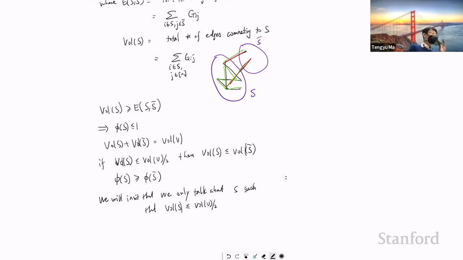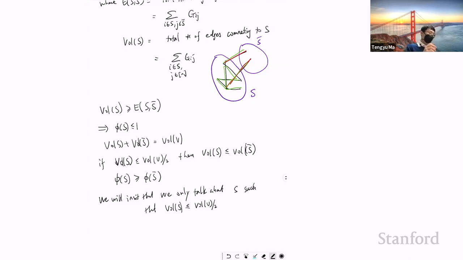Why don't we just define conductance so that it normalizes by the volume of V? If you normalize by the volume of V, first of all, it means that you didn't normalize, because V is a constant. You have to normalize against something that changes as S changes. I'll tell you why you have to normalize. Here I'm only trying to deal with the symmetry so far.